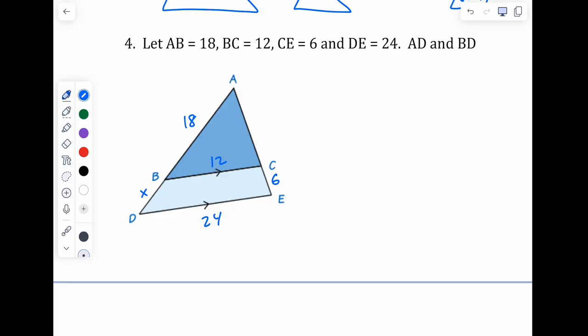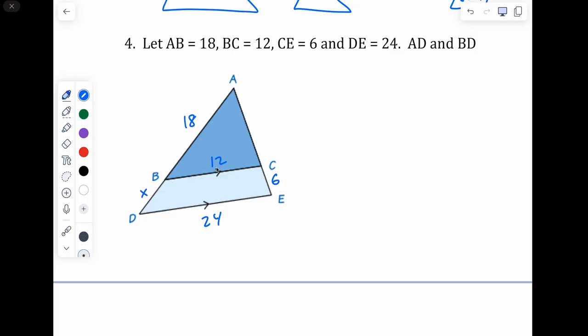Okay. Now, sometimes people do what I was talking about here. They say, you know what, this is simple. I'm going to go 18 over X and 12 over 24. That's not going to work. That will land you with this being 36, which is bigger than what the answer is.